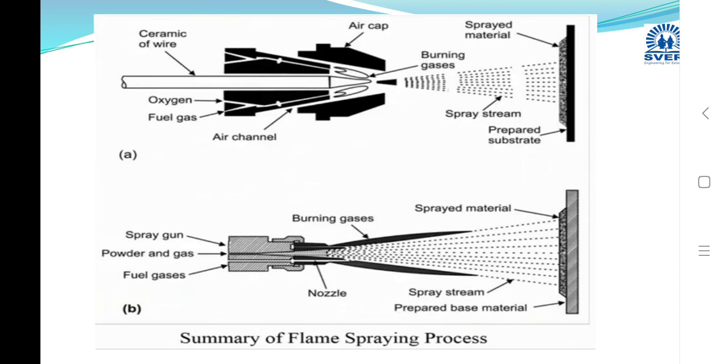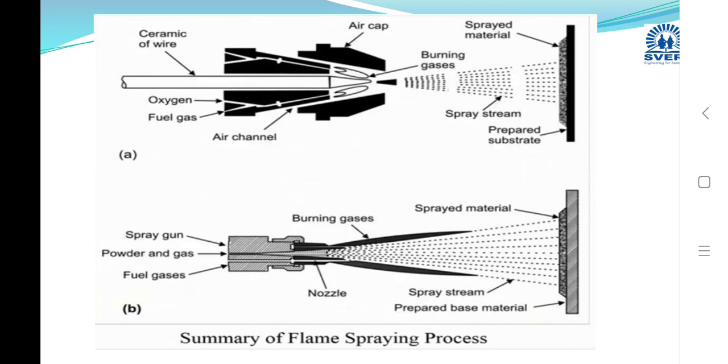It gets inserted into the tip of the flame and gets melted, and through another part of the nozzle there is a flow of gases. Usually you flow air, or you can also flow argon or nitrogen as a carrier gas. The carrier gas is used to break the molten material into small droplets, and subsequently it is propelled onto the surface of the substrate to get the desired coating.